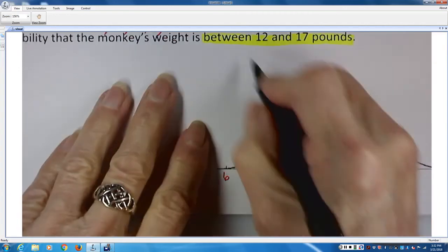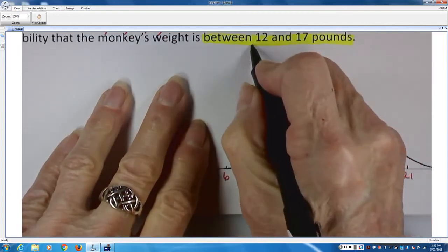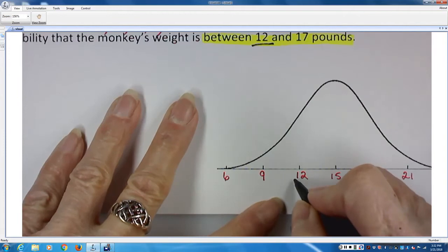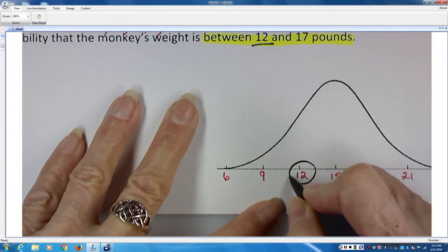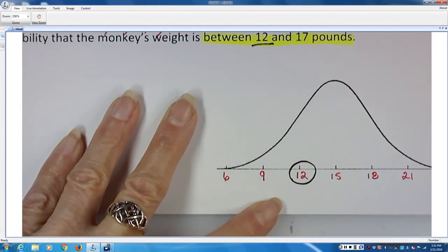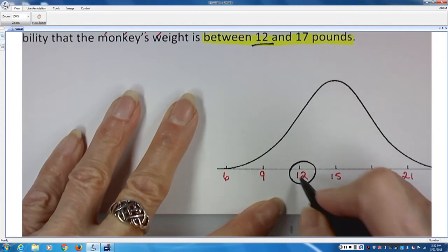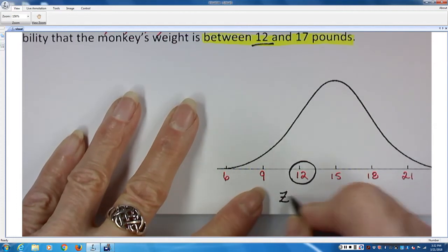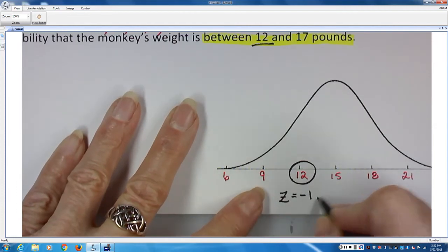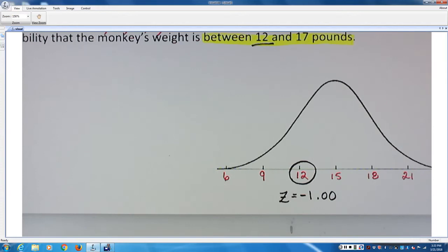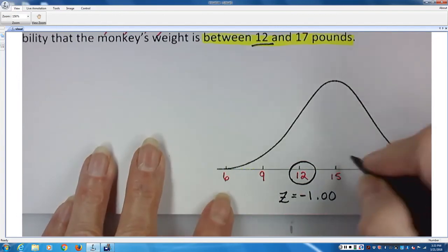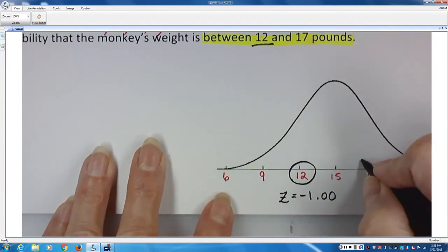And it just so happens I don't even have to find the z-score for 12 because 12 kind of finds itself. It's exactly 1 standard deviation below the mean. So I didn't need to do the formula on that one. But now as for 17, 15, 16, 17, my 17-pound monkey's going to be along here somewhere.